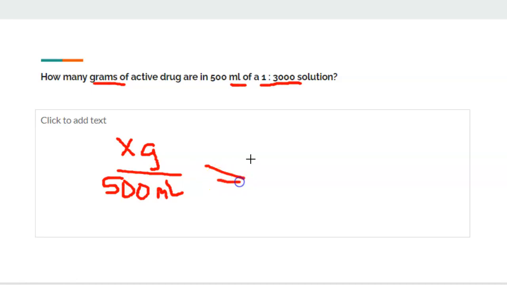Now we set that equal to our ratio, which is 1 gram over 3,000 milliliters.